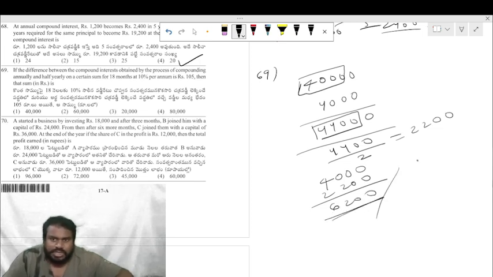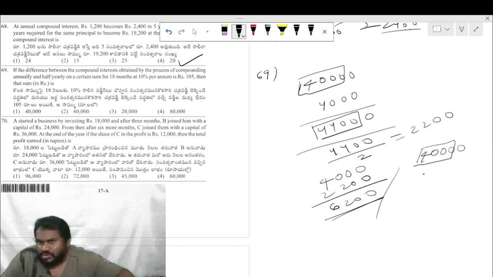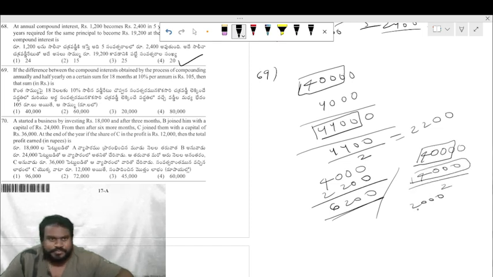That is one scenario. Next is half yearly, charged for 18 months. Half yearly means on the basis of 5% it will be considered. So take 40,000. 10% is 4,000, 5% is half of it, so 2,000.